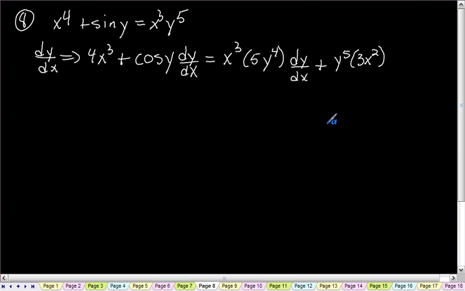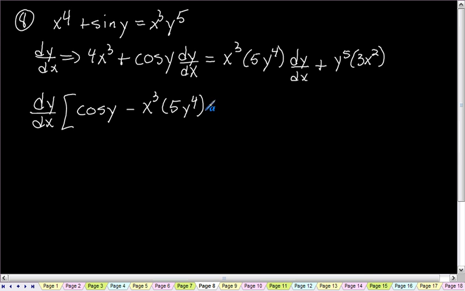Now I'm going to do basically the same idea we've been doing before. I'm going to bring this to the other side, and I'm going to bring this to the other side. That way I have the dy/dx terms on one side and the rest on the other side. The way I do that is I'm going to factor out dy/dx in one swift motion. I'm going to bring this side over here, keep this here, subtract, so it's going to be a minus x cubed times y to the fourth.